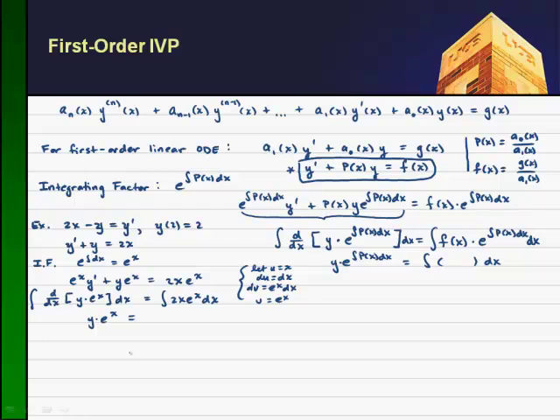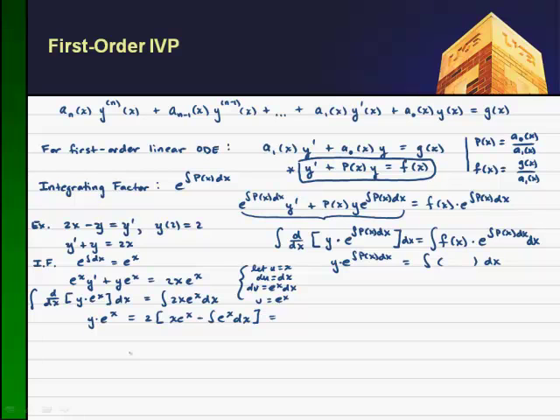Alright, so since I'm writing this as a function u v prime, I'll get 2 times uv, so that becomes x e to the x minus the integral of v du, so e to the x dx.